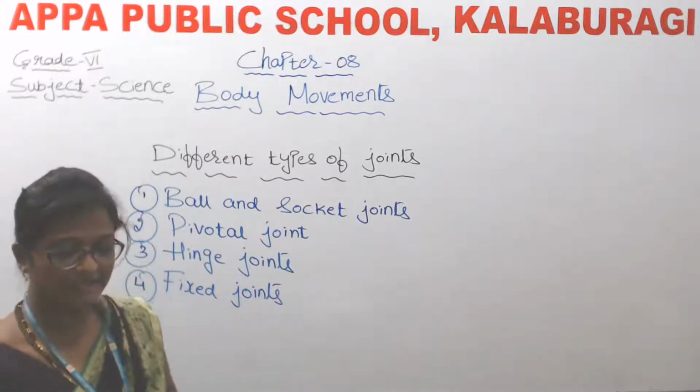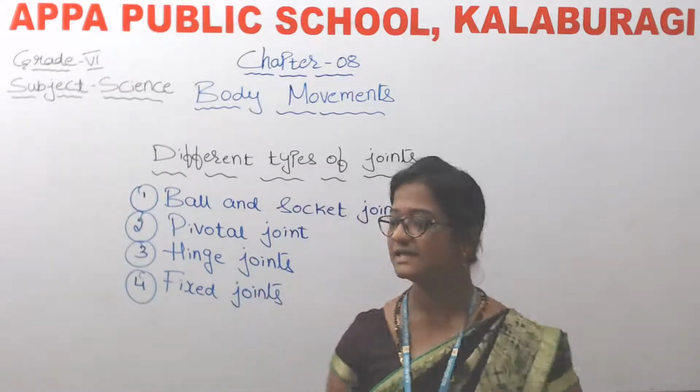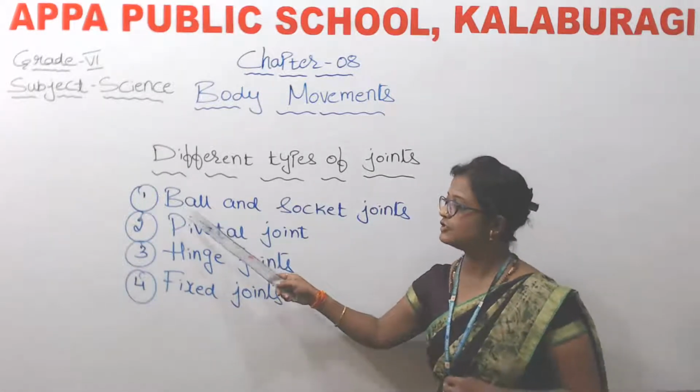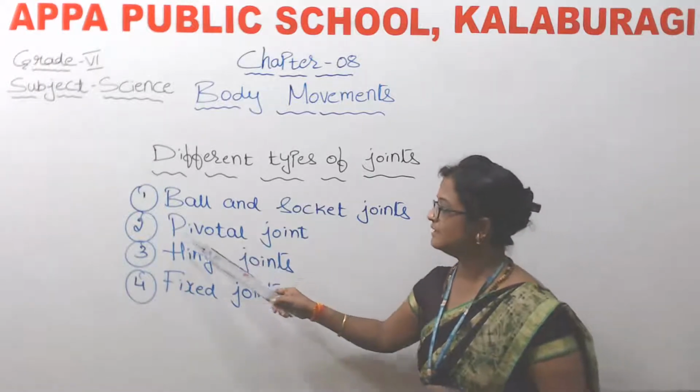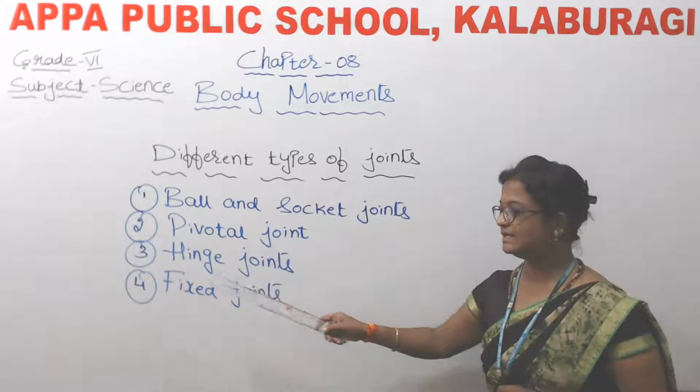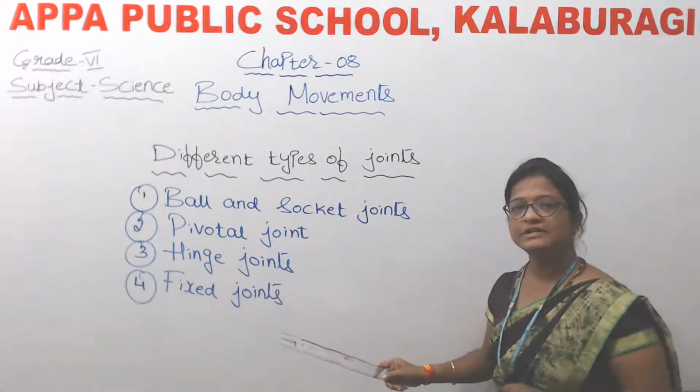So these are the four types of joints present in our body: ball and socket joints, pivotal joint, hinge joints, fixed joints.